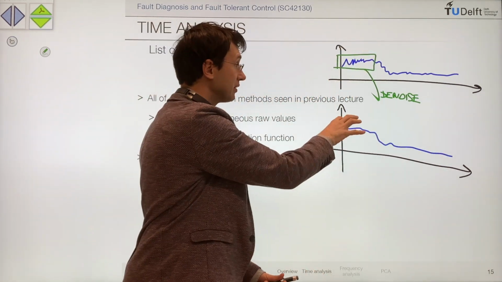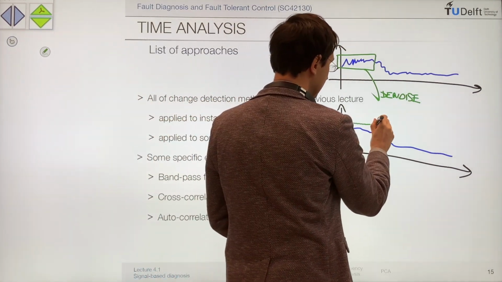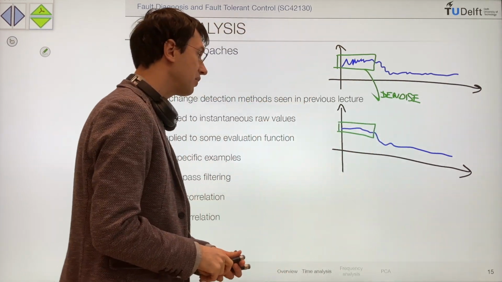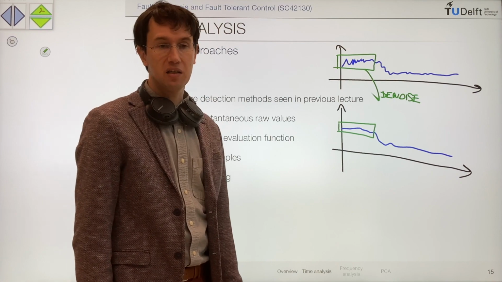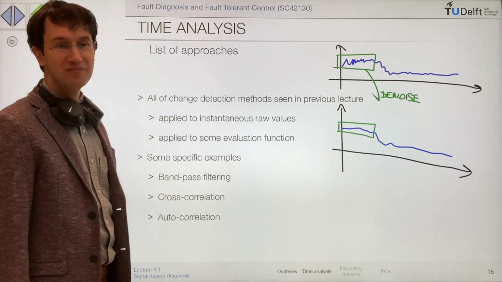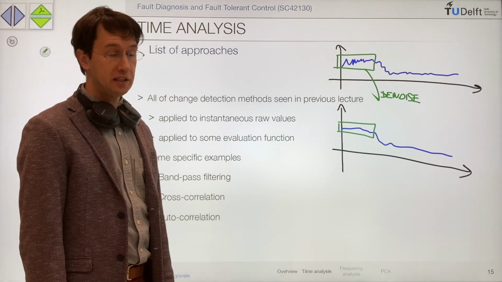And then on this one you can apply again the same. So you can find another time window, and then you can compute some statistics, mean and variance, for instance. And then you apply one of the change detection algorithms that we have seen in the previous lecture.